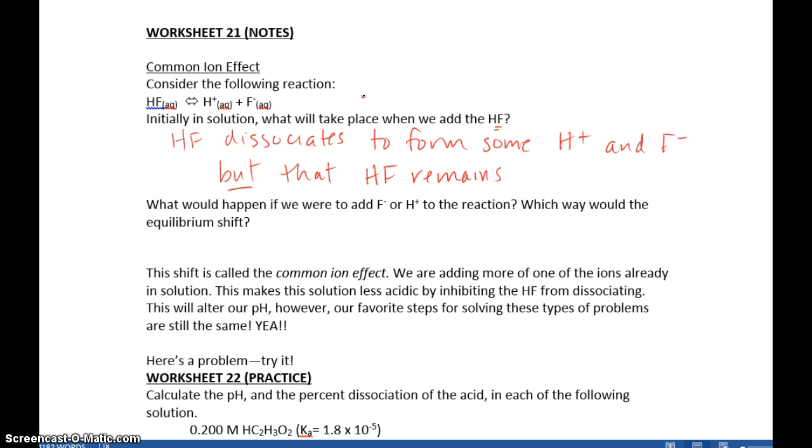So the pH of a solution that contains 0.250 molar formic acid and 0.1 molar sodium formate. So my major species are this formic acid and this sodium formate. We need to choose the species that can dominate the reaction.